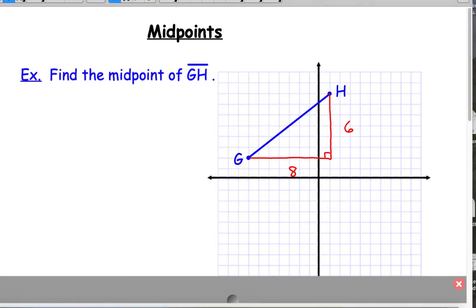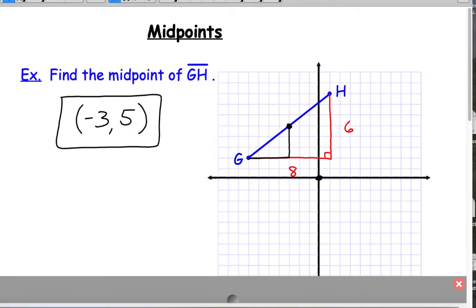So what I'm going to do is go half of 8, which would be 1, 2, 3, 4, and then half of 6, 1, 2, 3. And there's my midpoint. And if they want me to give the coordinates of the midpoint, well, from 0, 0, that would be -1, -2, -3, 1, 2, 3, 4, 5. So -3, +5. And that's all you have to do. There's your midpoint.